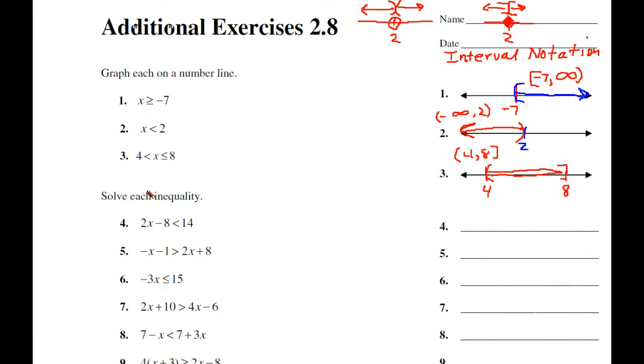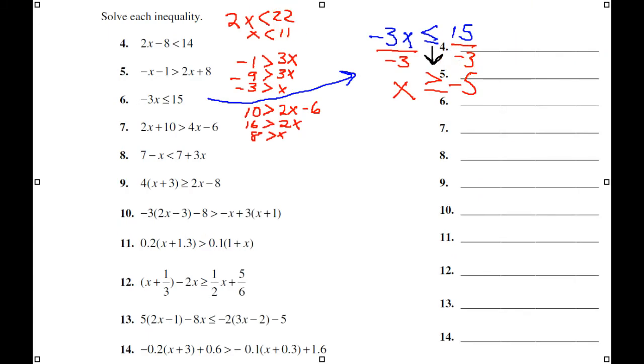We're now going on to solve inequalities, and we'll do a few things to them as well. Now, in most cases, when we solve inequalities, they are done exactly the same way as when we solved equations. If there are fractions, we get rid of the fractions.